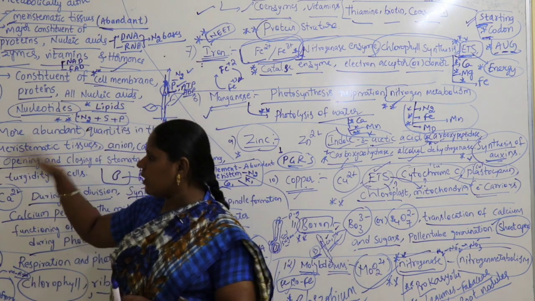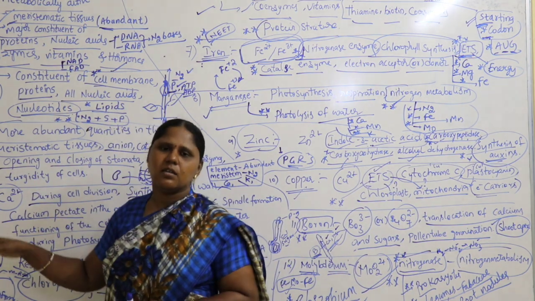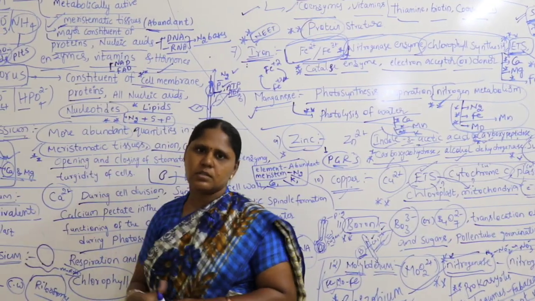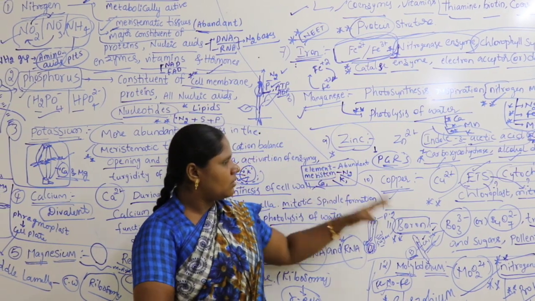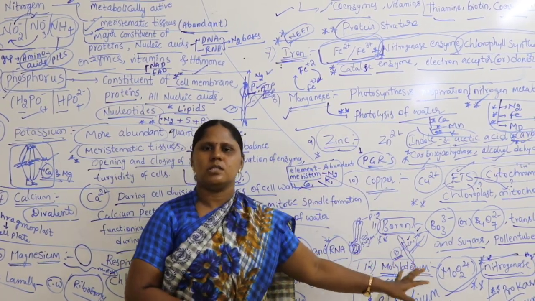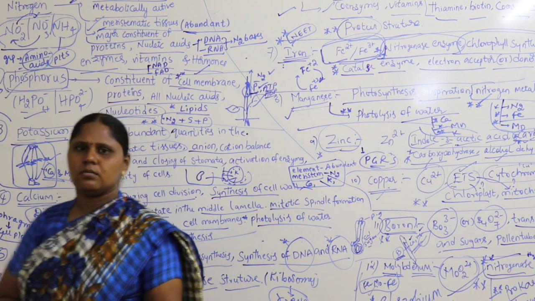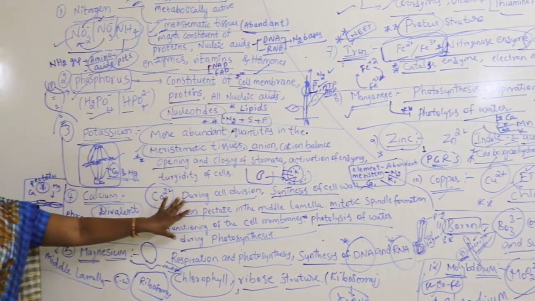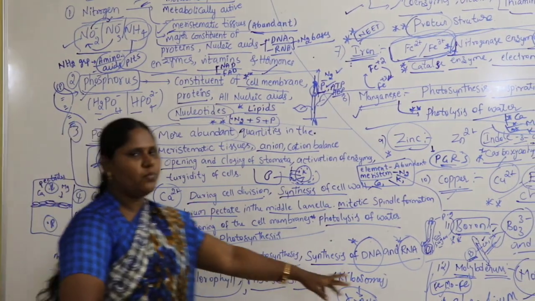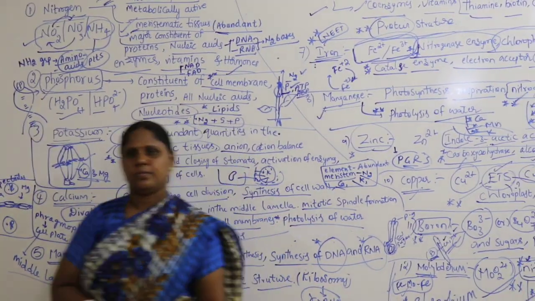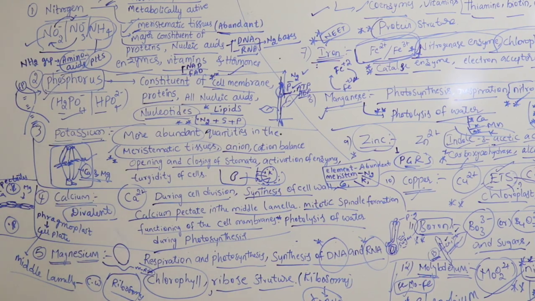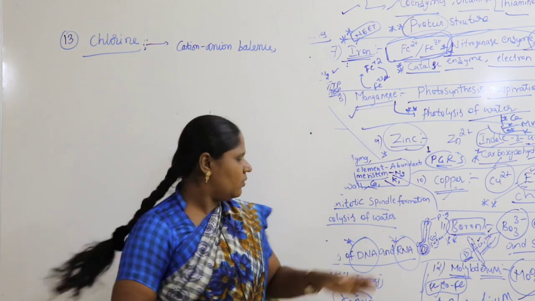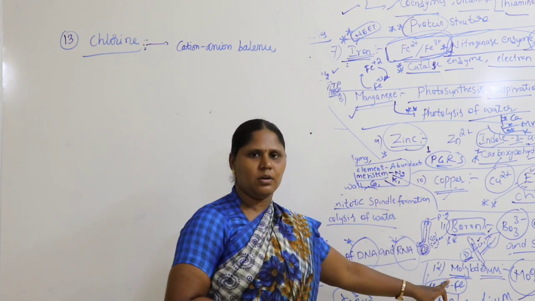Instead of taking one element at a time, we have placed a few elements at one corner with their metabolic processes, and other elements in another corner with their metabolic processes. These elements along with their metabolic processes are very important. Make sure that you practice on white paper. So far what we discussed is molybdenum.